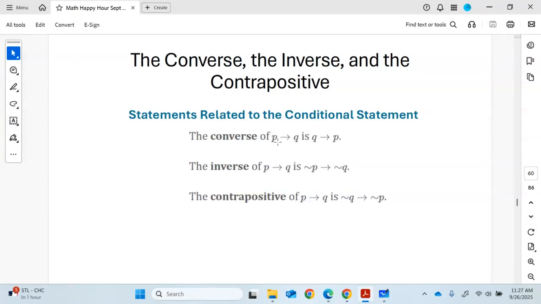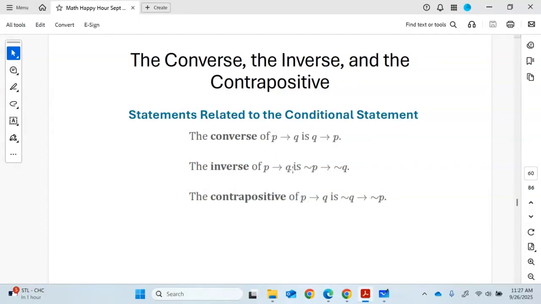If I start with a statement that has P implies Q, the converse interchanges the antecedent and the consequent. So we interchange the statements, or we interchange the variables. The inverse is obtained by leaving it in the same order, but you're going to negate each one.